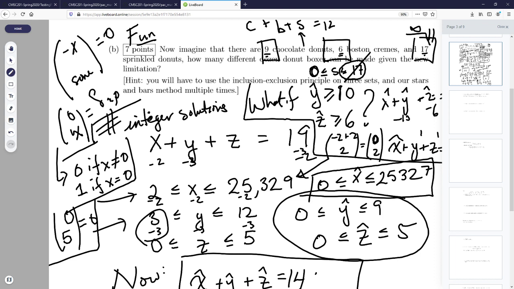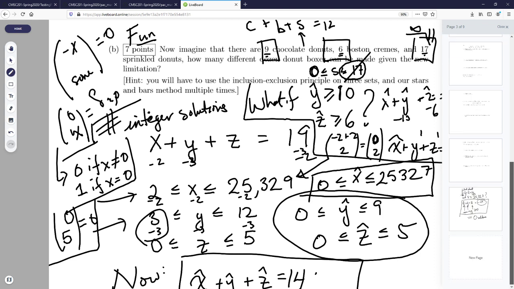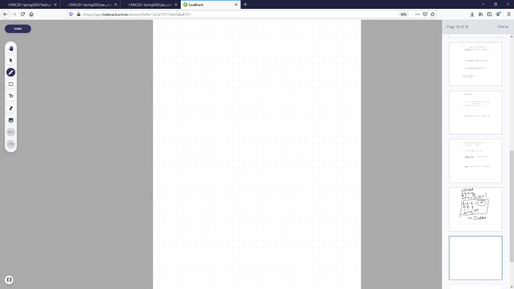Now if all the numbers were less than 12, let's say there were 7 chocolates, 6 Boston cream, and 8 with sprinkles.